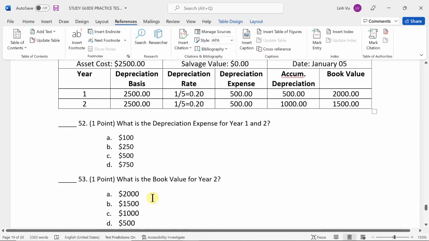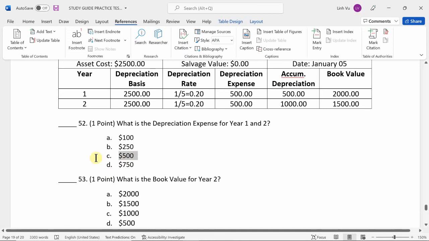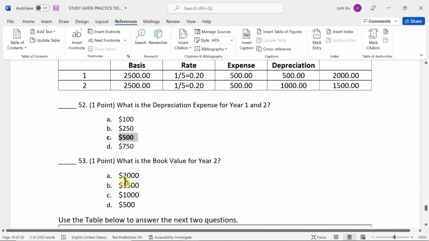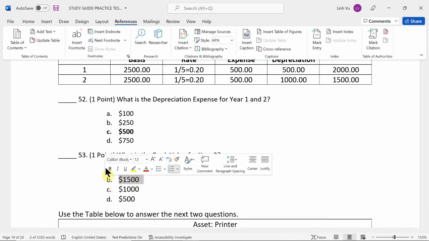So, to answer question number 52, what is the depreciation expense for year 1 and year 2? 500. What is the book value of year 2? 1,500.